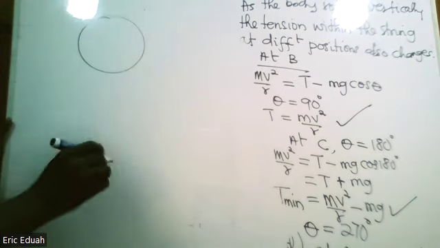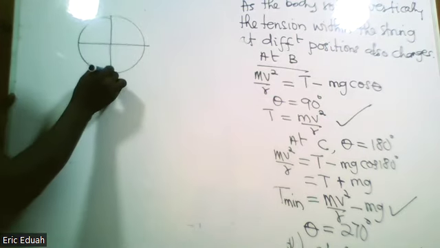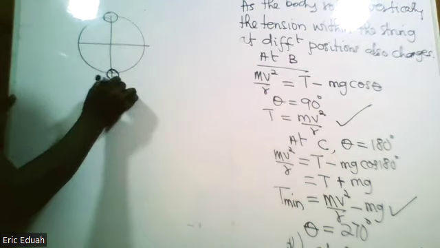Let me quickly discuss that with you. It's simple. That is simpler. But this has a further important application. In the books, they only consider the tension within the string at this point and at this point. Below and above.